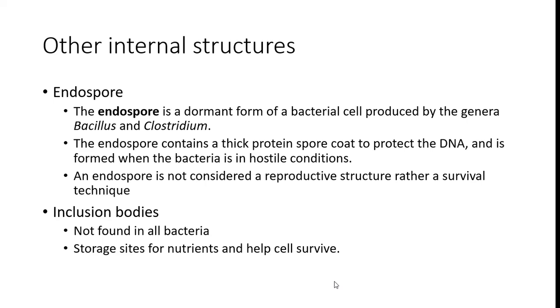The endospore is when they take their genetic material and wrap it in a very thick protein coat, known as a spore coat, and then it allows that bacteria to go dormant when environmental conditions become very harsh and not suitable for the bacteria to live. Then when the environment becomes viable again, that endospore will turn into a viable bacteria, and then the bacteria will start to reproduce, etc. So endospore is for survival, not reproduction.